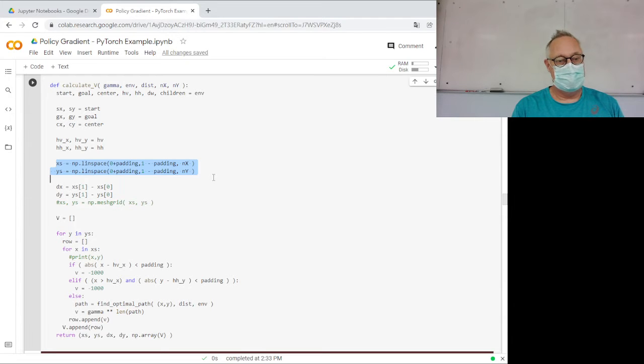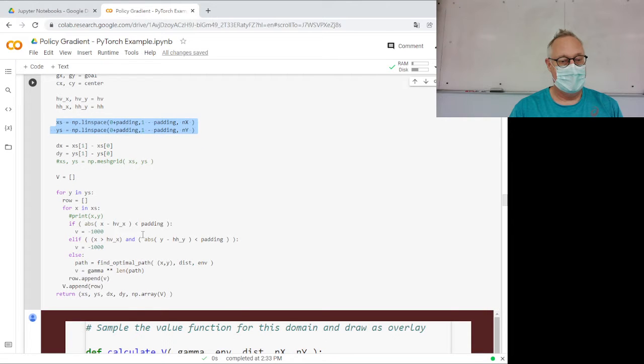So I generate all the coordinates in X and Y, and then go through each one of them and either set the value to minus 1,000 if it's a wall location that the robot can't reach.